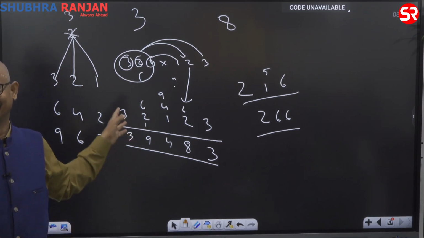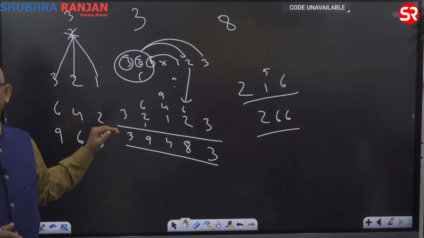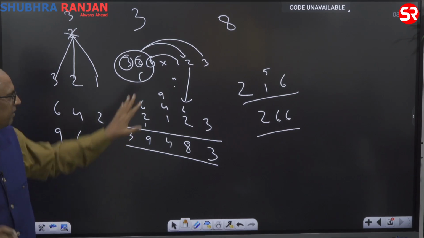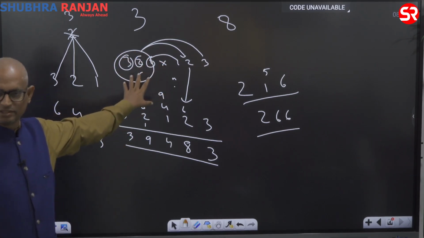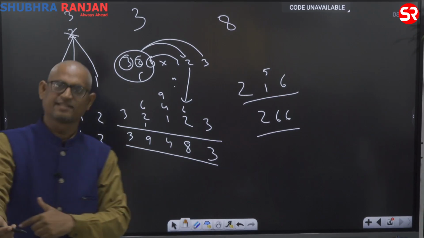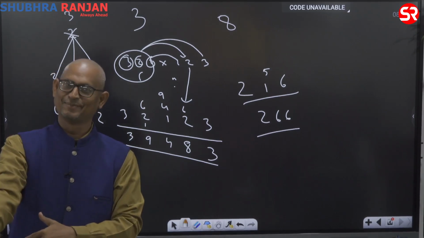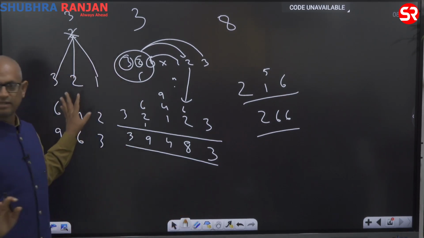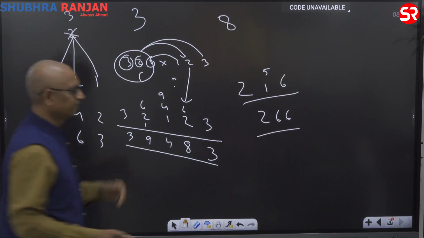Got it? Whatever it may be. See, for example, this is for comfort. I am telling 3 to 1. Now we will go for 786 and 876. No problem. Okay. Got it? Everyone comfortable with this?